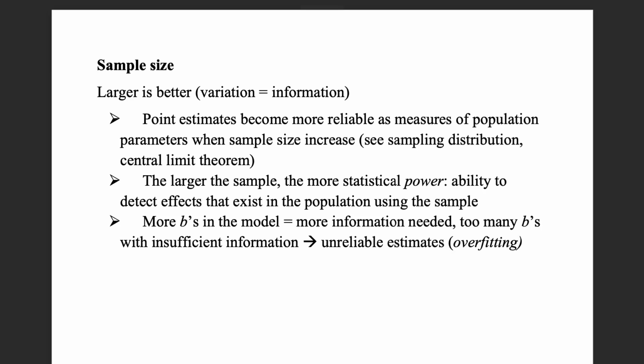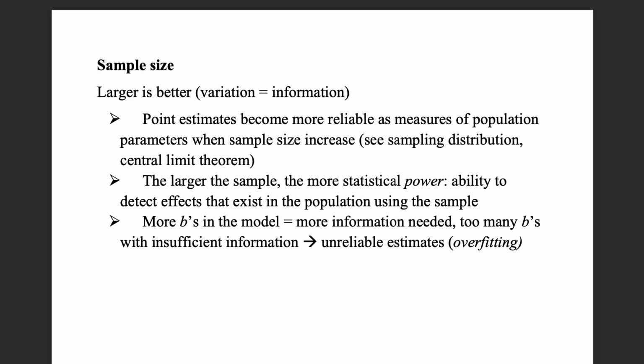There's also another issue. The more independent variables you include in your model, the more coefficients you're trying to estimate. So the more b coefficients are in your model that you need to find a value for. But finding the right value, so estimating these coefficients reliably, requires information. So you need to have variation, you need sample size, you need observations. So if you have too many independent variables, well, you don't have enough information to actually estimate them, and you might get very unreliable estimates.